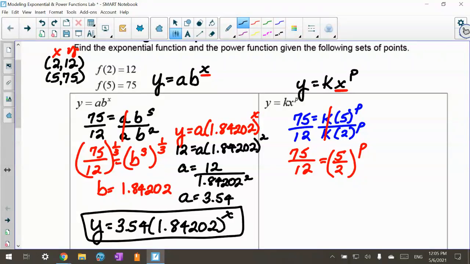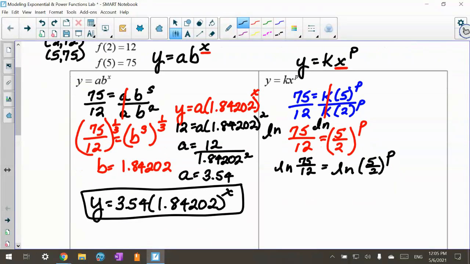The only way I can solve for that is to natural log both sides. So I have the natural log of 75 divided by 12 equals the natural log of 5 over 2 raised to the p. And remember our log rules, I can bring the p down front. So I have the natural log of 75 over 12 equals p times the natural log of 5 divided by 2.